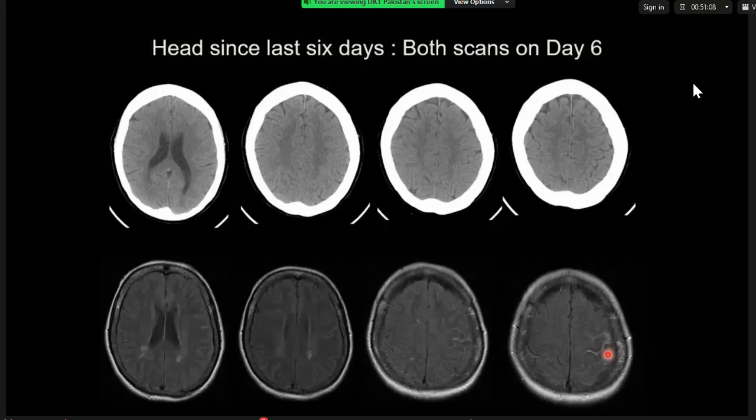Subarachnoid would be my top differential, but I've got the CT head from the same day, and it might be because it's day 6, it's not acute, so I'm not seeing the subarachnoid blood on the CT, whereas blood on a FLAIR should be bright.